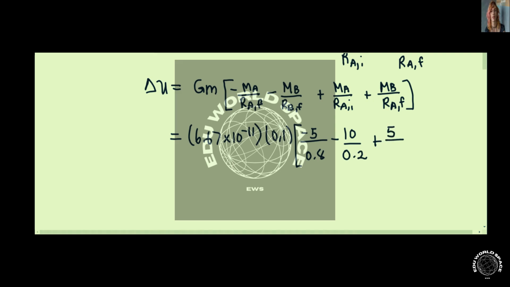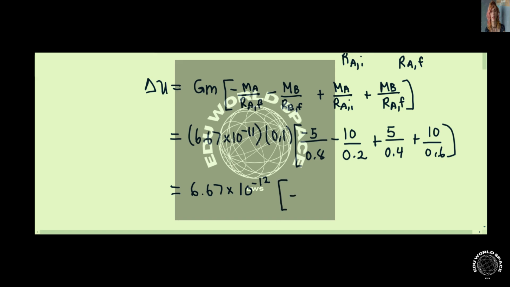And then we have our initial terms. The original separation is 0.4 for A, and then 0.6 for B. Rather than plug this in all at once, let's do a couple intermediary steps. 6.67 times 10 to the minus 11 times 0.1 changes that to 10 to the minus 12.